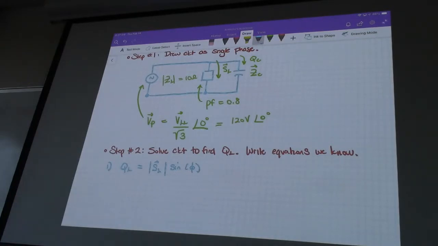Right, that's the primary equation you're going to start off with. Now, we don't have those values yet. But we do know that the power factor angle will be equal to the inverse cosine of the power factor.